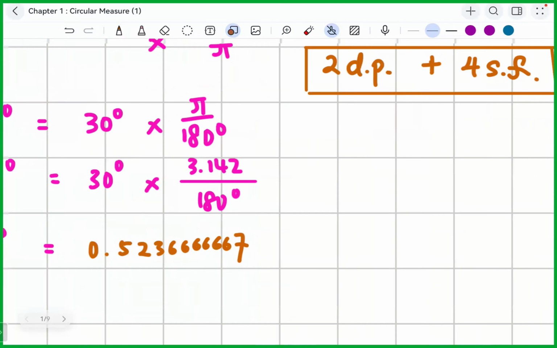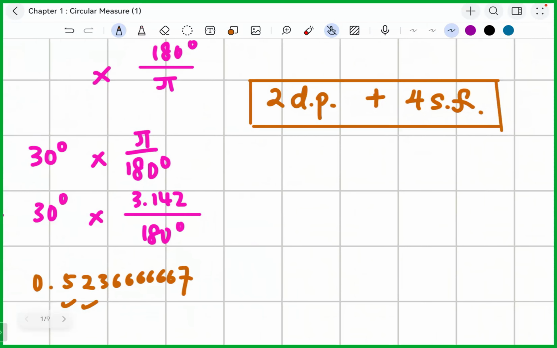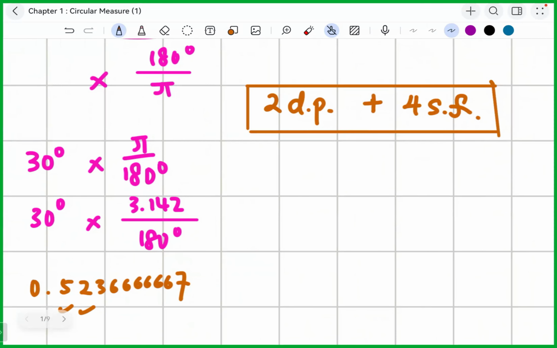Now, 2 decimal places. So we have 1, 2. Is it enough? Did I fulfill the conditions? No, because I still have one more condition to fulfill, which is the 4 significant figures. What is 4 significant figures? If you forget it, please go and revise Form 3 Mathematics. I think, if I'm not mistaken, it's under Form 3 Mathematics Chapter 2.